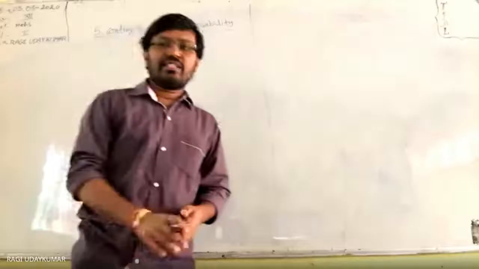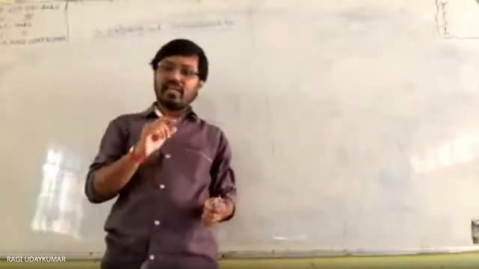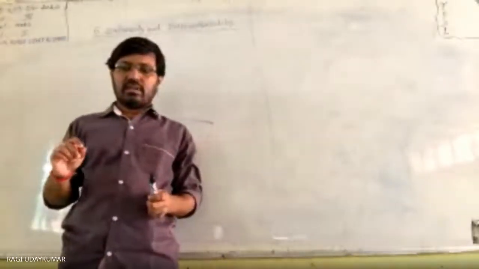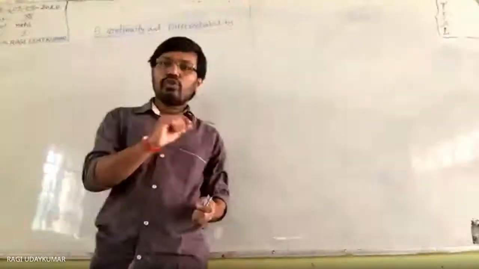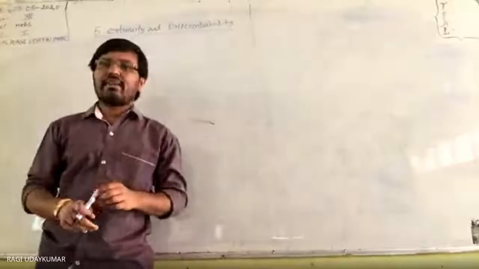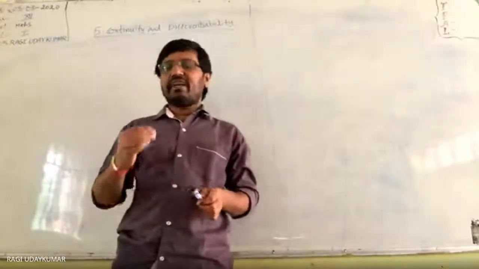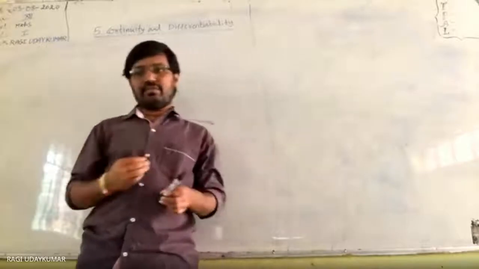The first thing before going to learn this one, the terminology itself says continuous. A function is said to be continuous. Continuous is nothing but, if you draw the graph of that particular function, every function can be represented as a graph.